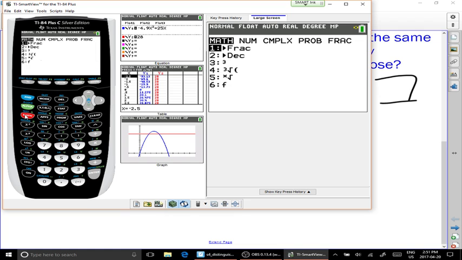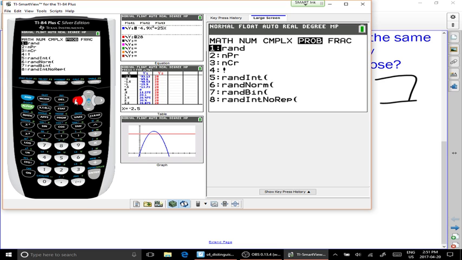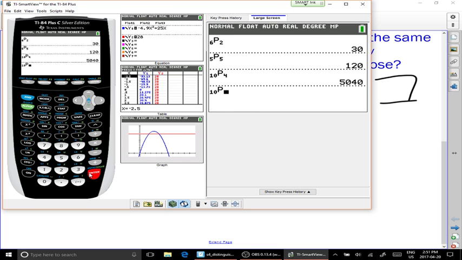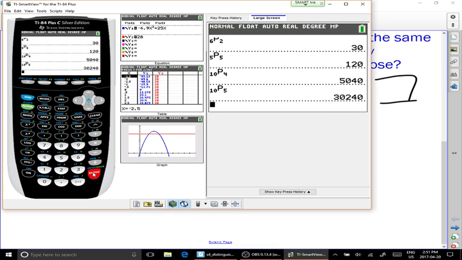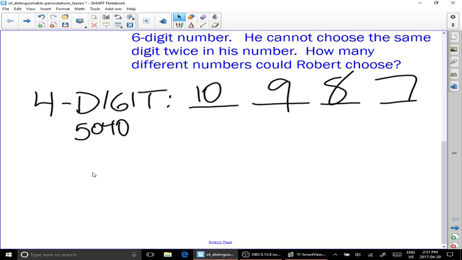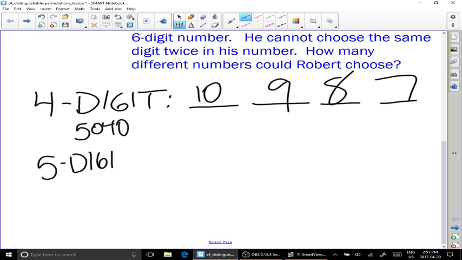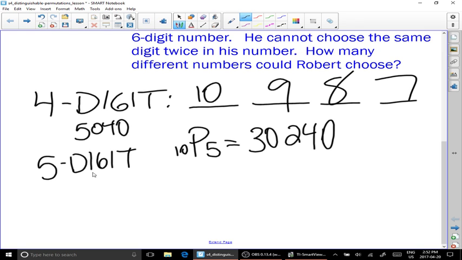So 10, math menu, permutation, 5, equals, the number of 5-digit numbers Robert could pick is 30,240. So for 5-digit, we don't have to show our work. We can just say 10 pick 5, which is 30,240.